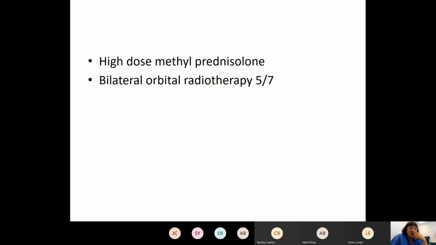We, under great duress, managed to make her stay overnight for a high-dose methylprednisolone course. And she went for bilateral orbital radiotherapy. Again, not classically your first thought, but important to consider the role of palliative radiotherapy in patients who are experiencing significant pain.